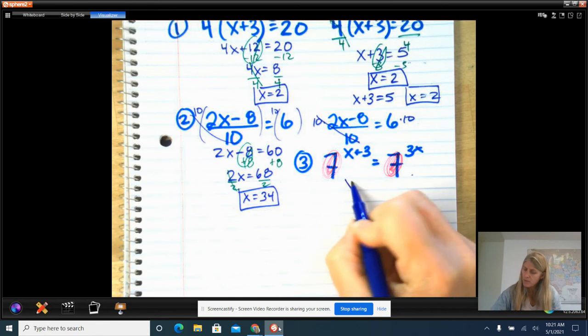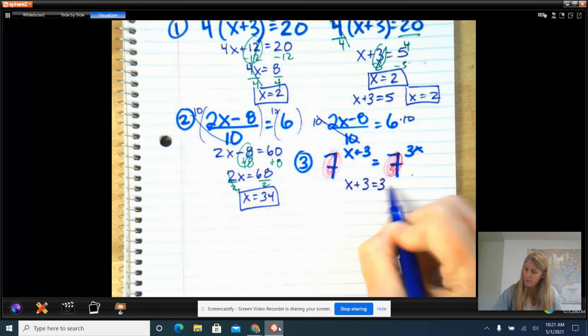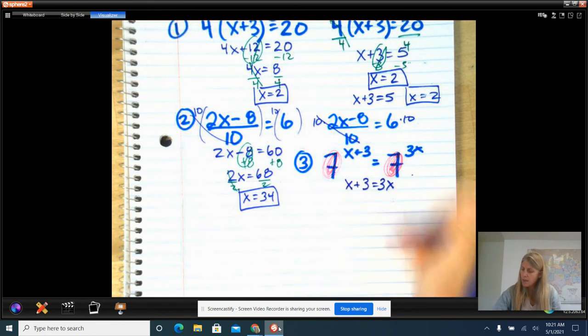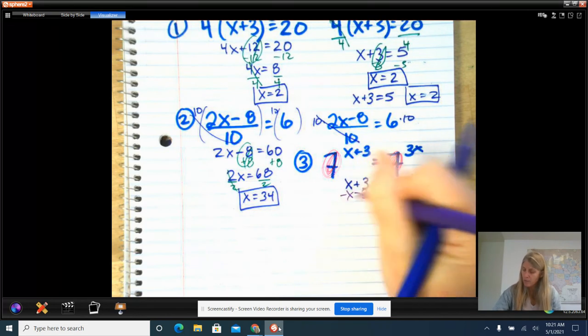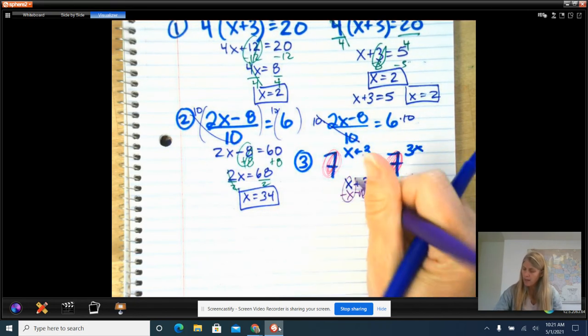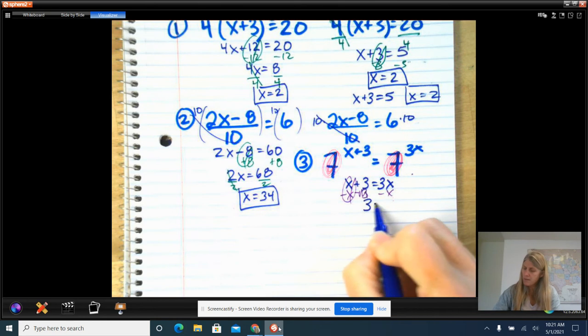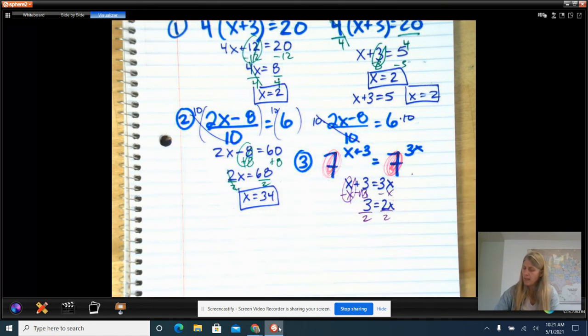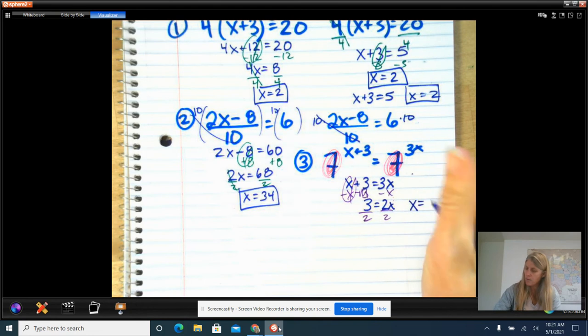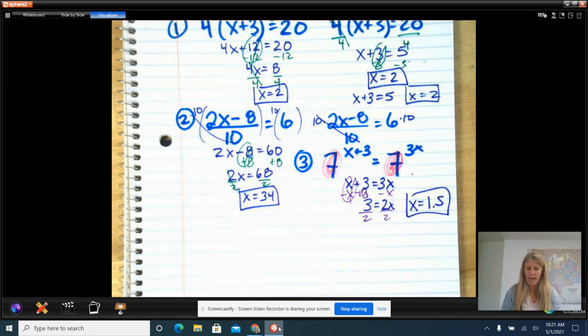Then we have x plus 3 is equal to 3x. Actually, let's subtract x from both sides. That gives us 3 is equal to 2x. Divide both sides by 2, and x is equal to 1.5, or 1 1/2.